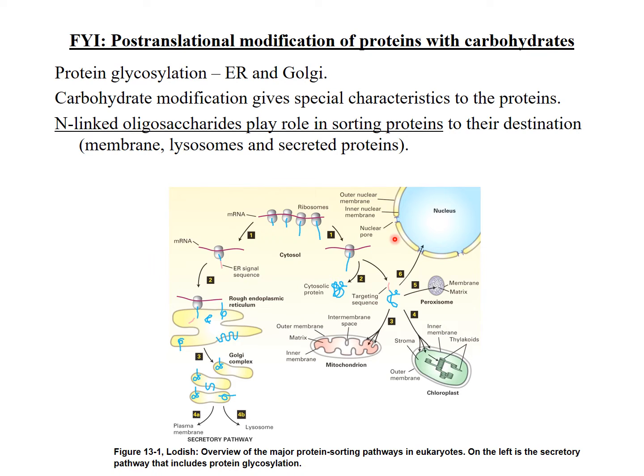You may recall that we have the 20 amino acids. Of course, the proteins are encoded in the DNA. We activate and transcribe and then translate that particular message, and the ribosomes participate in synthesizing the protein. Now, it depends what the protein is used for. It can go to two different pathways.